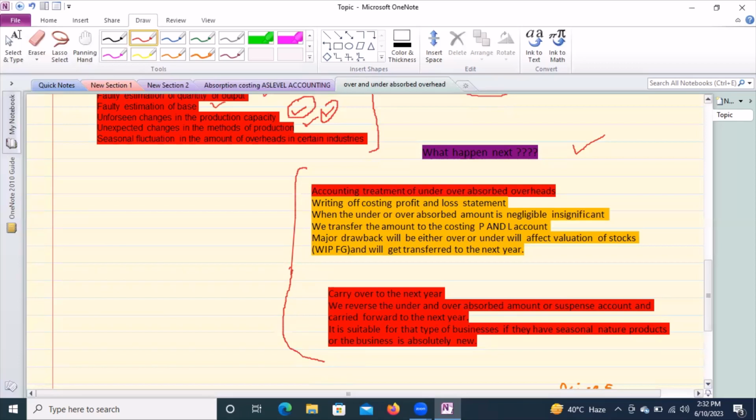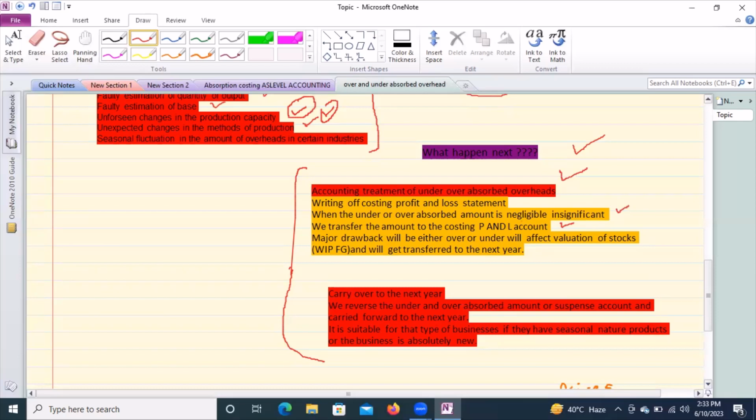When we have an over or under absorbed overhead rate, how do we treat this in accounting? First of all, if the amount is insignificant, we just transfer this amount to the profit and loss statement, which is called the income statement for short, in the AS levels, A levels or O levels, basically the Cambridge system.